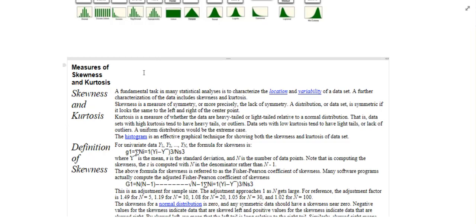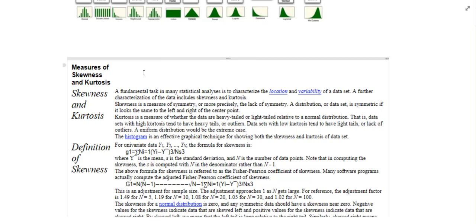If we look at the two extremes, uniform would be basically a rectangular curve, where a normal distribution is going to have light tails, and the outliers are going to be minimal in terms of number compared to the mean.